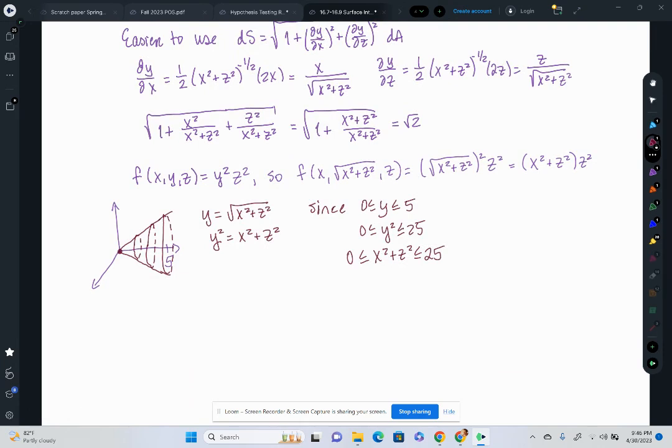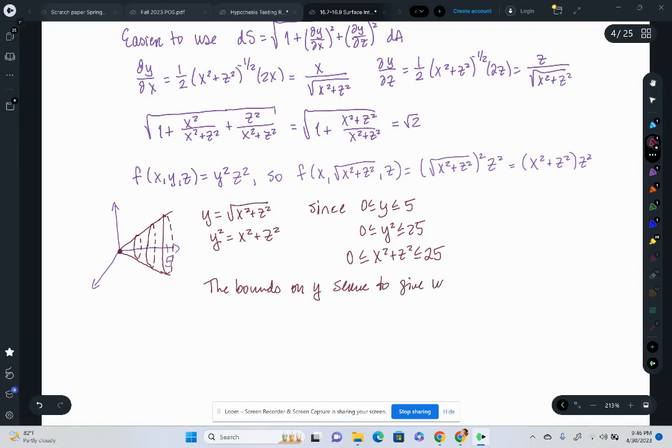By using the bounds on y, we're able to figure out what the bounds on our radius are. So the bounds on y serve to give us the bounds for our radius. So now we know that r is going to go from 0 to 5, and these are going to be full circles, and theta is going to go from 0 to 2 pi.